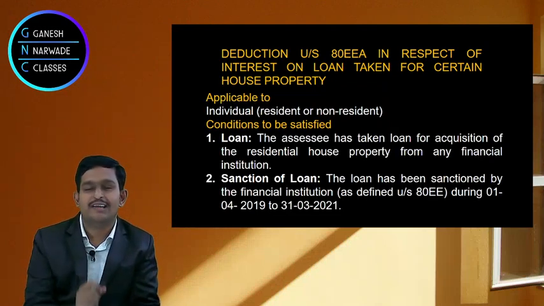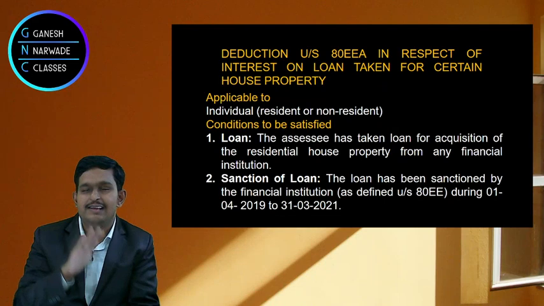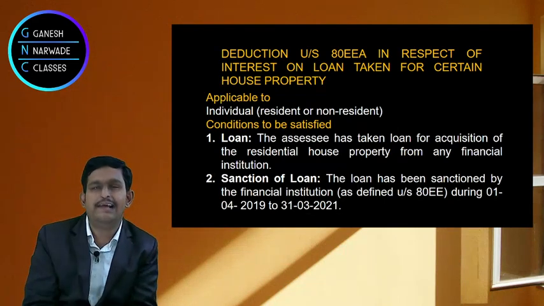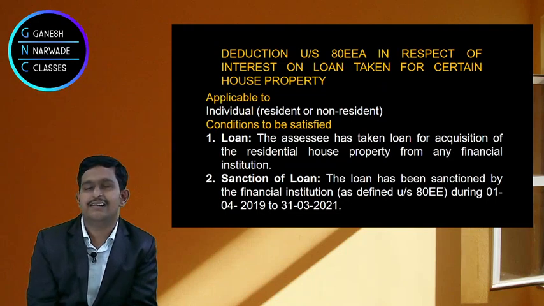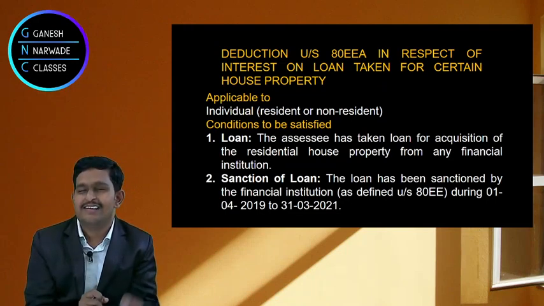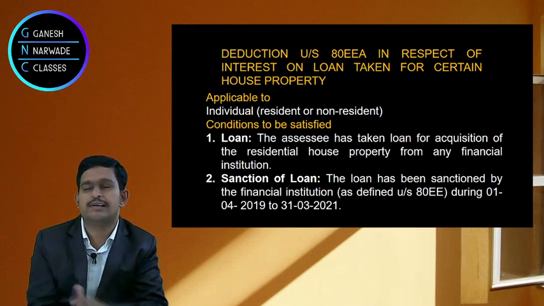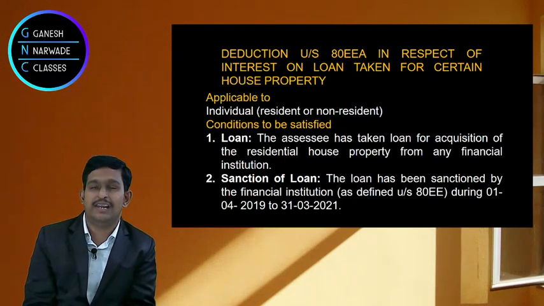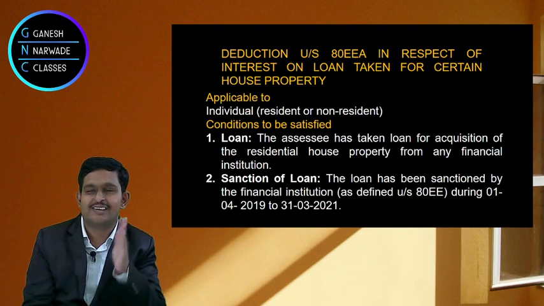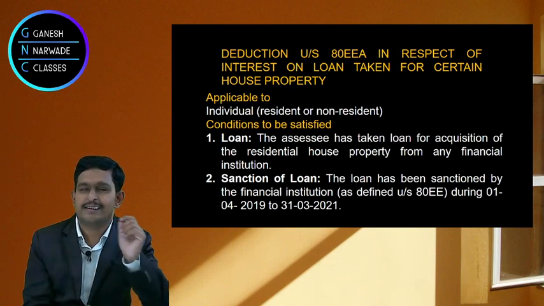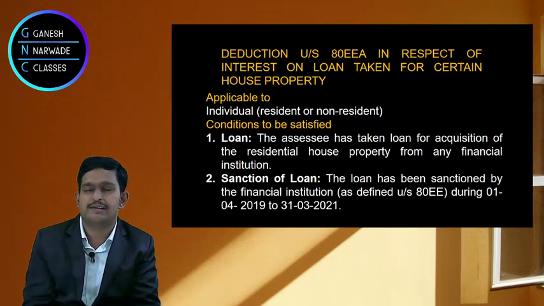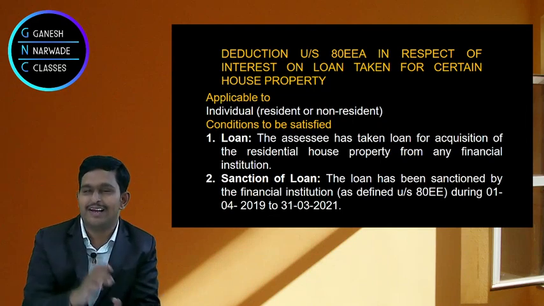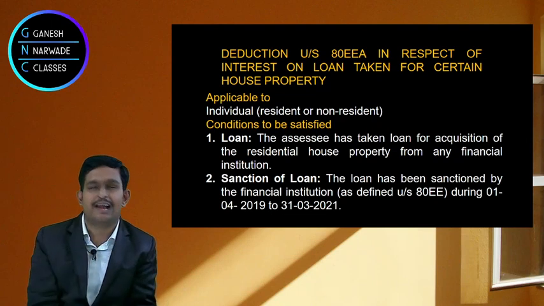Okay, so what they said is that in 80EE we discussed that loan should be taken only in 16-17. Remember? And here you can see during 1st April 2019 to 31st March 2021. So what you understood is that, sir, there the period was 16-17, here the period is 19 to 21. Absolutely right.